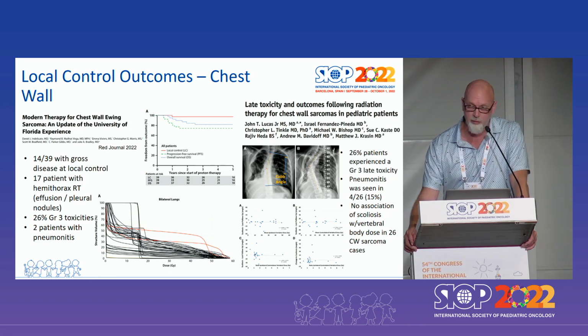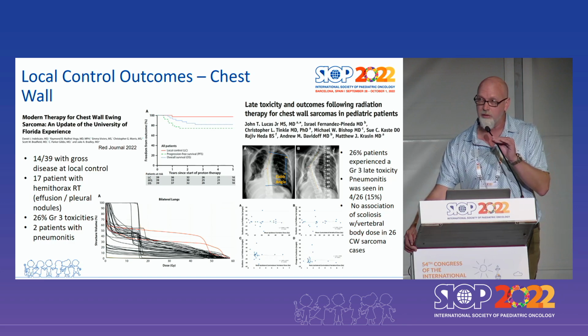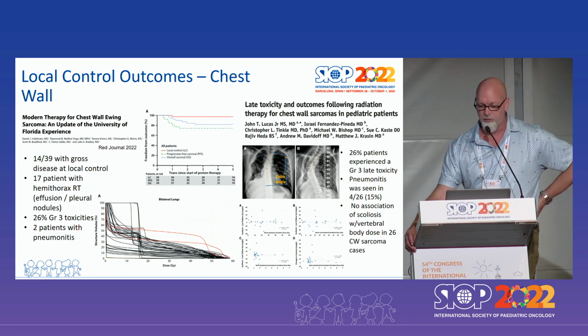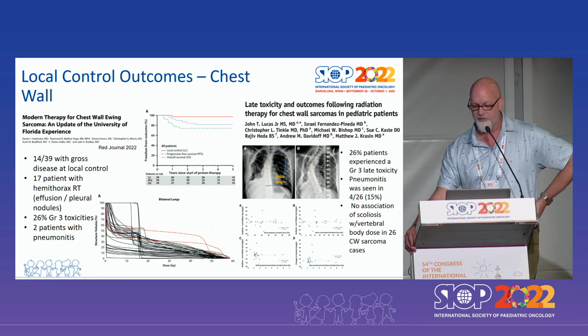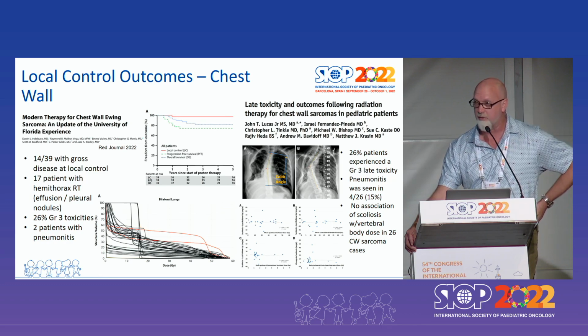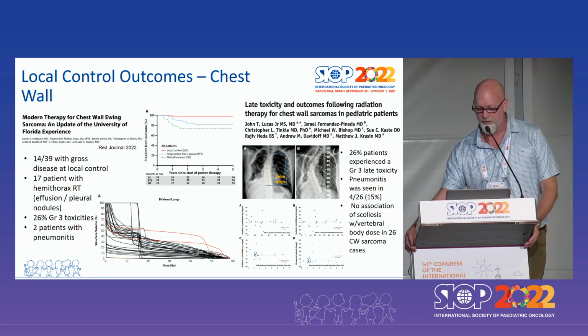One of the things we were particularly interested in was seeing whether we could correlate doses of radiation across the vertebral column with the risk of scoliosis or kyphoscoliosis, so we looked at those patients before and after treatment. We were not able to identify a significant predictor related to radiation that would yield a risk of kyphoscoliosis. Primarily, surgery and the degree of surgery on the chest wall was one of the more significant predictors.